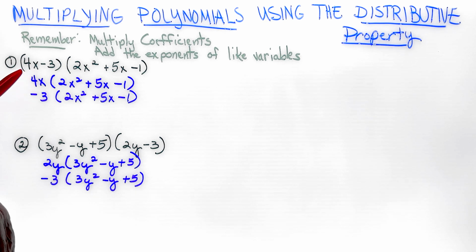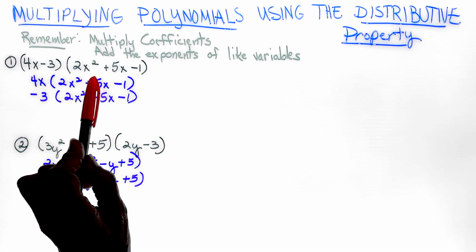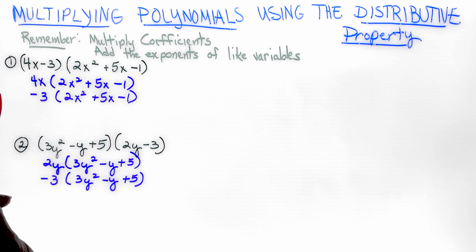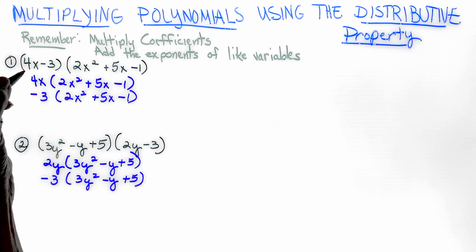It's the binomial 4x minus 3 times the polynomial 2x squared plus 5x minus 1. You'll notice that I broke the first factor into 2 parts.